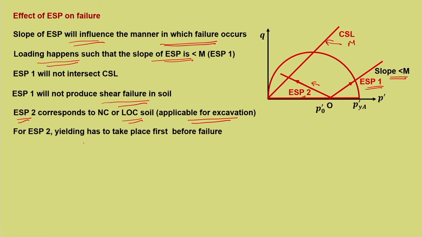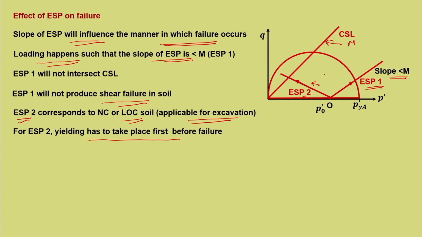For ESP2, yielding has to take place first before failure. We have seen that in all our previous discussions, for NC and LOC, it yields first and it fails, but then it was very easy, it never crossed the critical state line.